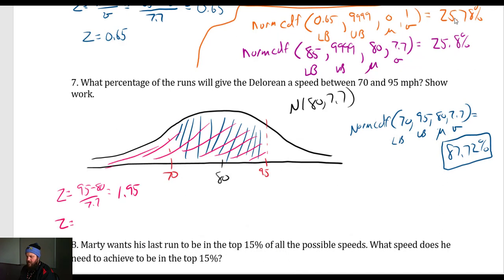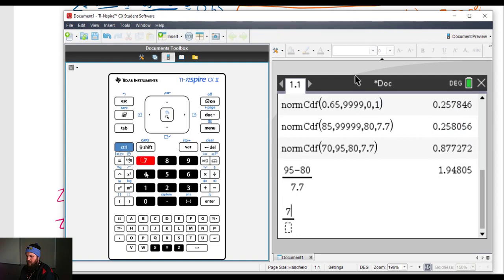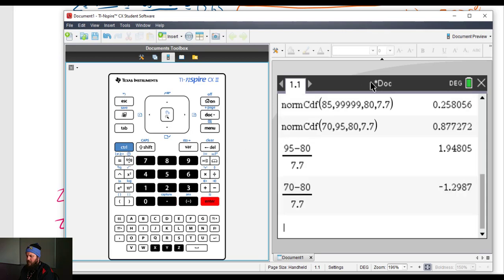And the z-score for 70, which hopefully you see should be negative because it's below the mean: 70 minus 80 divided by 7.7. So negative, we'll say negative 1.3.